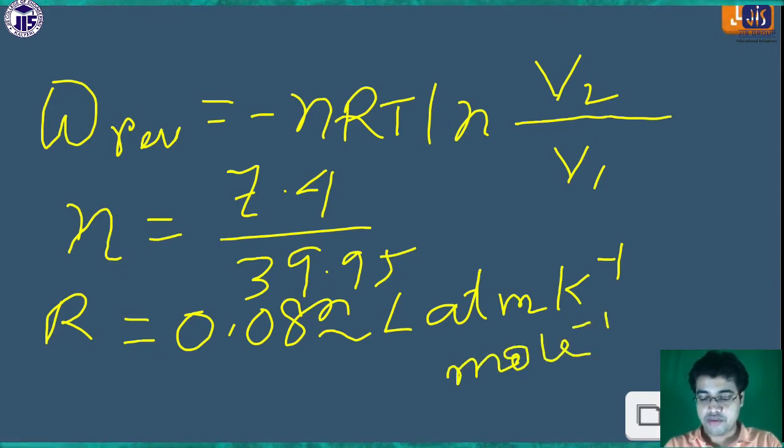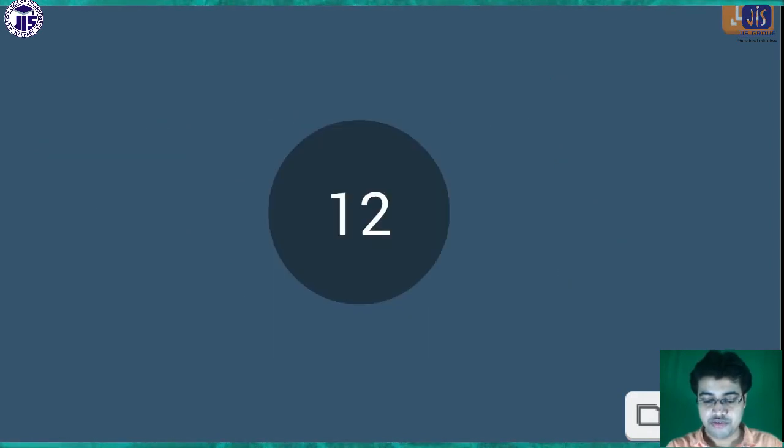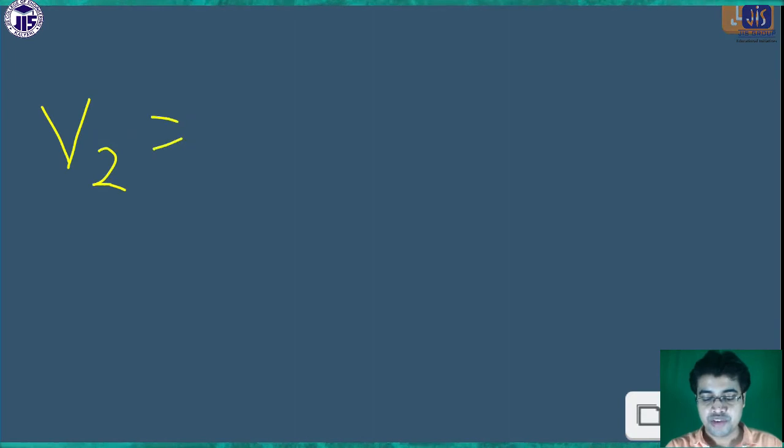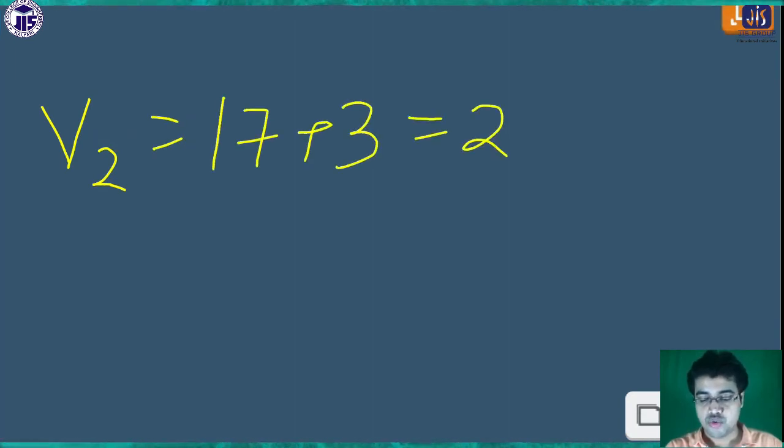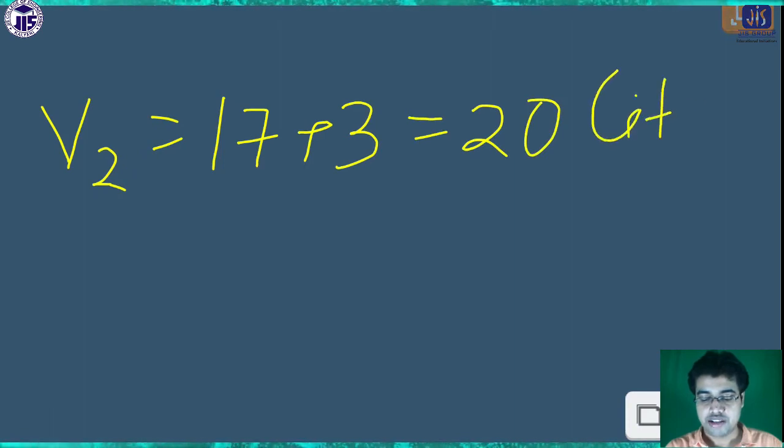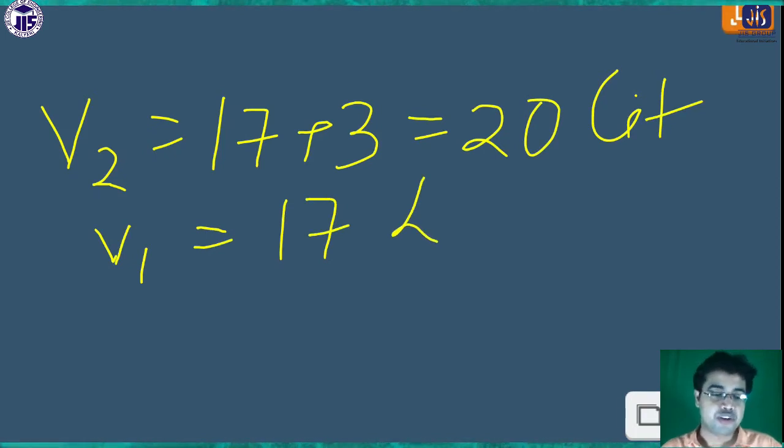Then next you have to find out V final, V2. So V2 equals 17 plus 3, that equals 20 liter, and V1 equals 17 liter. So all the values are known here.